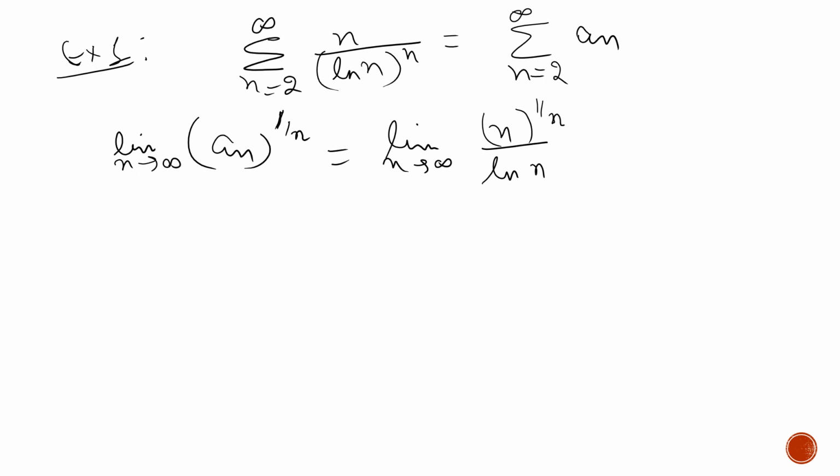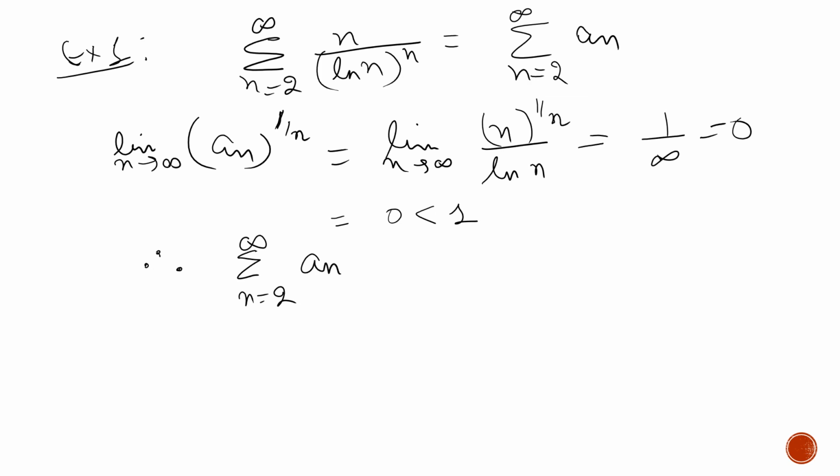Now if you find the limit of this, you will get 0. You can see from the first case that this is 0 which is less than 1. Therefore the summation is convergent by the root test.